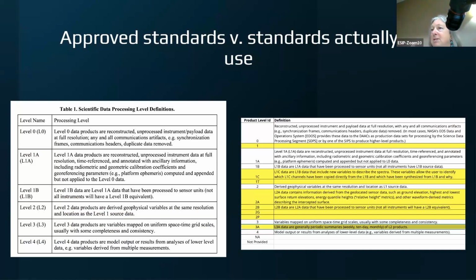We want these things to get vetted by the community, and the role of ESCO is to put that out there and say, is this an appropriate processing level? And so I'm curious if that's going to happen with level 5. Did it happen? Oh, we did it? As an ESCO review? Oh.